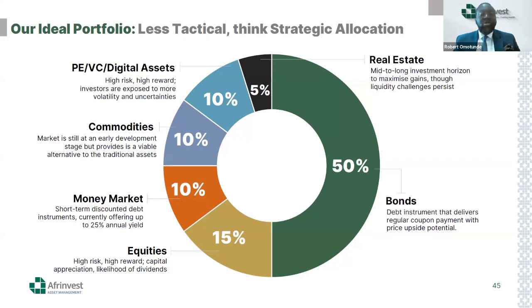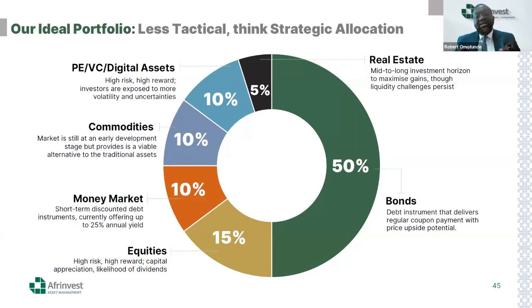On the equity front, we also believe that the equities market still has a bit of pricing to enjoy as we go into 2025, globally as well, not just from the global scene, but also from the domestic scene. And so our allocation to that asset class is just about 15%, just so that you can also benefit from the opportunities.